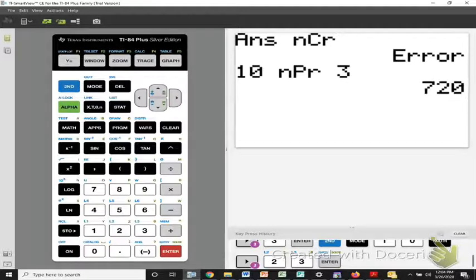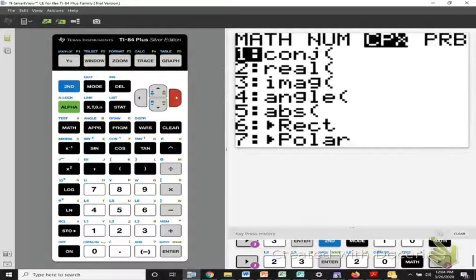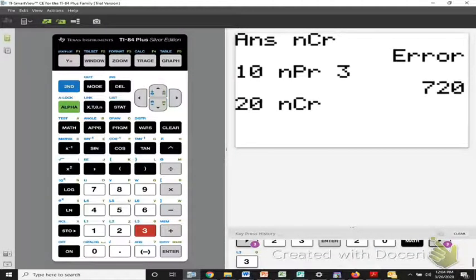The other one that we did was 20 things, and we did a combination there. So if we go over to probability again, and we do a combination of 20 things taken 4 at a time, we get 4,845. So this notation is going to be very helpful to you.